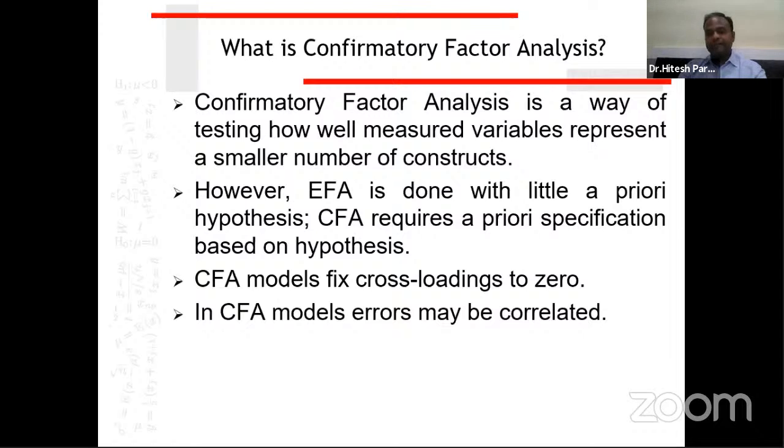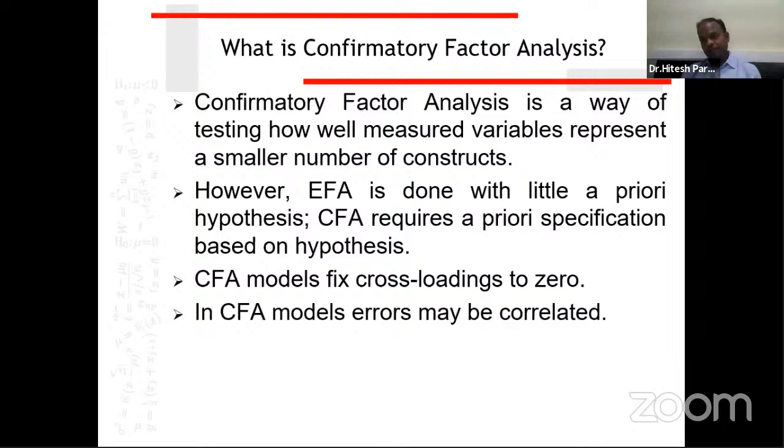A CFA model fixes cross-loading to 0. It means that if variable x1 is part of f1, then we will only specify the relationship between x1 and f1. The cross loadings from x1 to f2 and x1 to f3 will be 0.